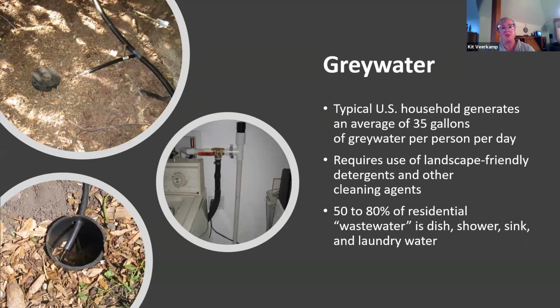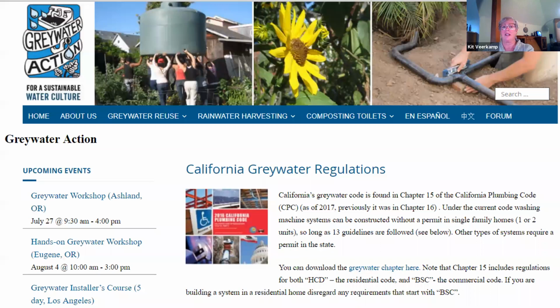I know quite a few people who are utilizing these at home, so it's something to consider. It beats catching it out of the shower and having to take buckets out. Gray Water Action is an organization in the Bay Area who have helped forward the California gray water regulations, and they've got a great website if you want to know more.